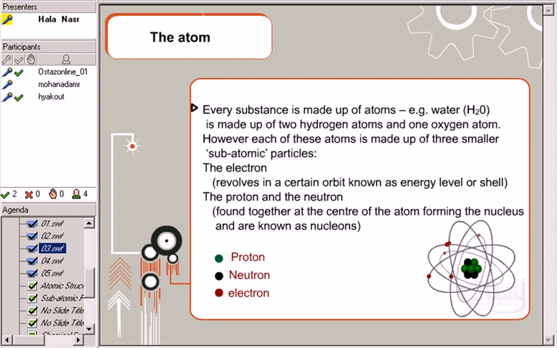Mr. Hassan, what do you know about the solar system? And the planets revolving around it. That's so good. Excellent. The same way here, but it's really small in size. The atom has the protons and neutrons at the center of it, and the electrons are like the planets. They are revolving around the nucleus in certain orbits.